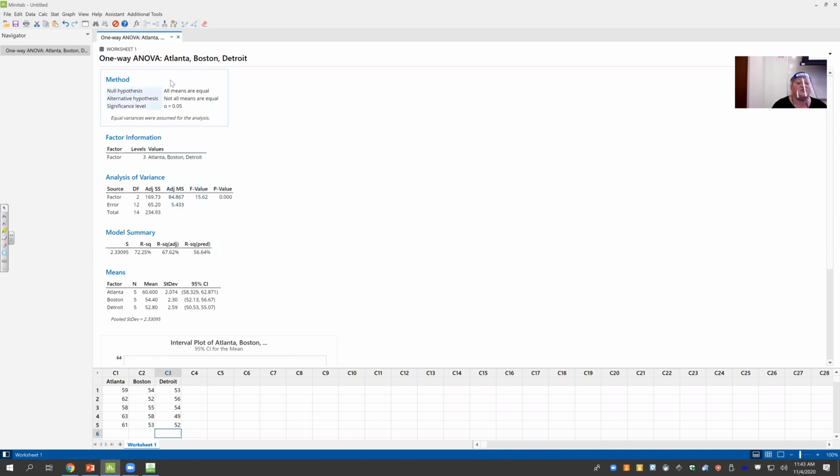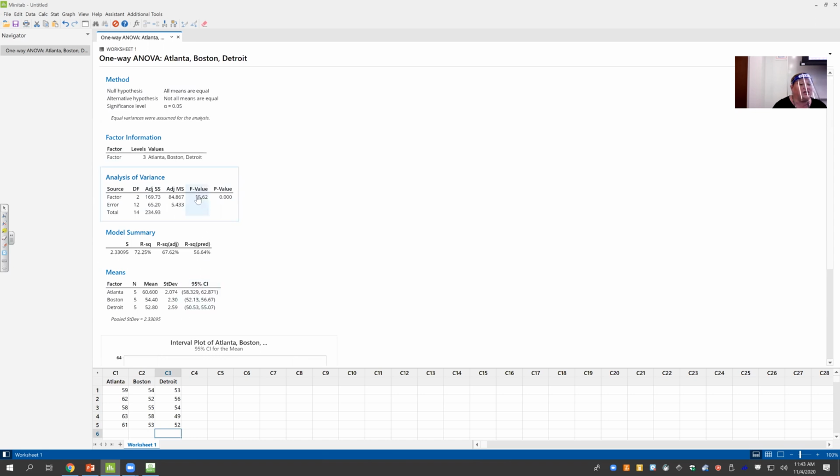Really what you need is this third row, the header analysis of variance. The results are presented in a table, and it's calculated your degrees of freedom and all that. What you really need is this F value and its corresponding P value. Please don't get all caught up in all these other numbers. They tell us some things if we were going further, but we're not.